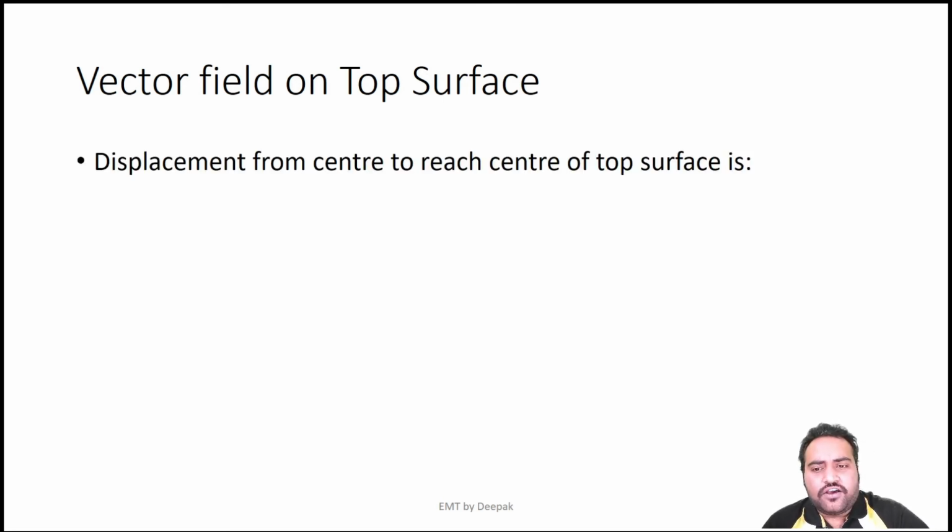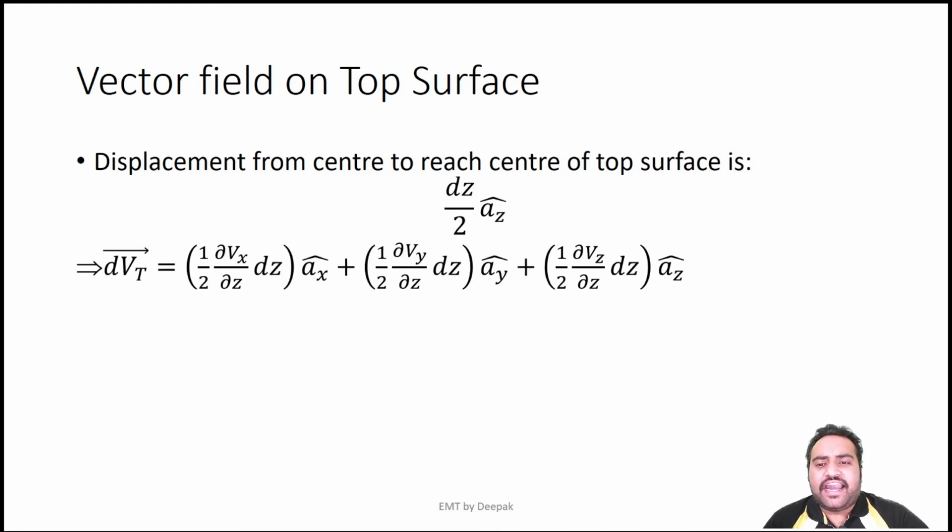The vector field on the top surface: to reach the top surface from the center, we have displaced only along z direction, and the displacement is dz by 2. The magnitude of the displacement is dz by 2 and along the direction of az cap. Now because of that, the change would be like this.